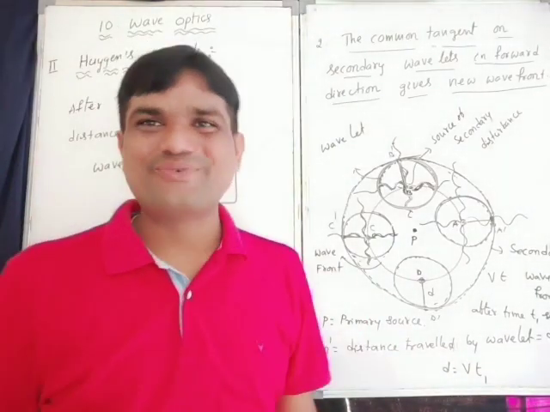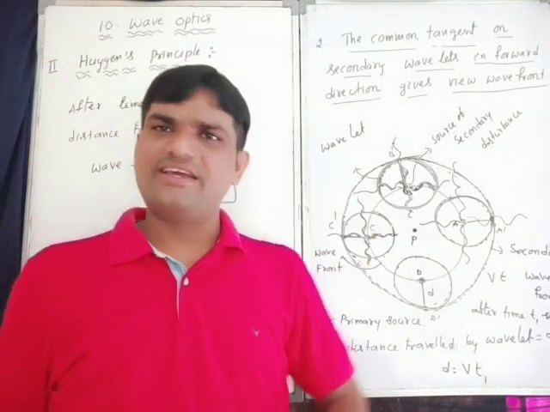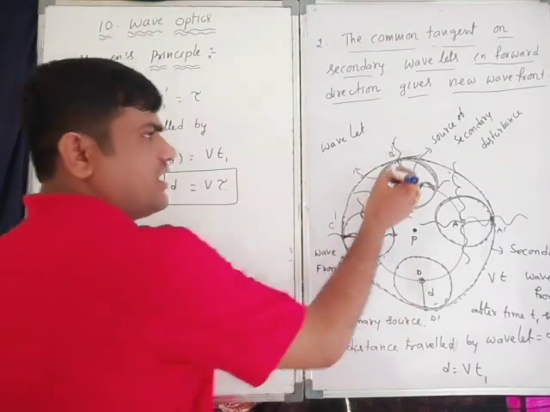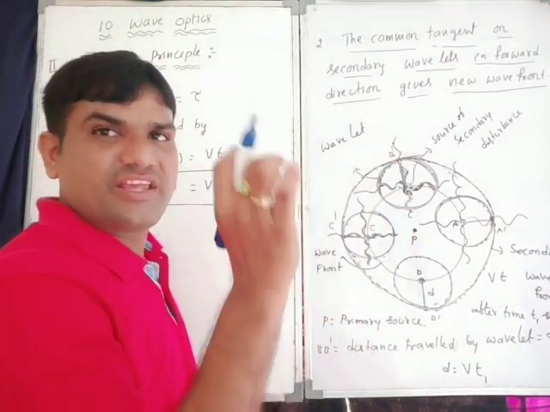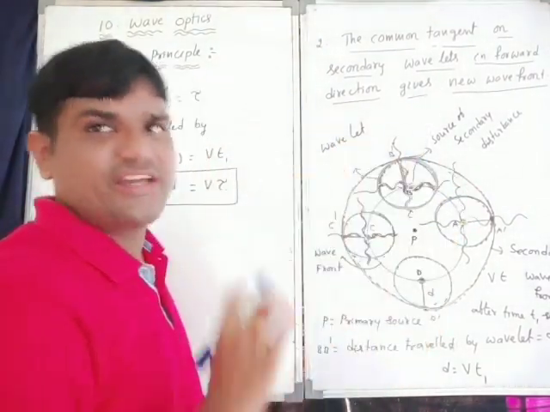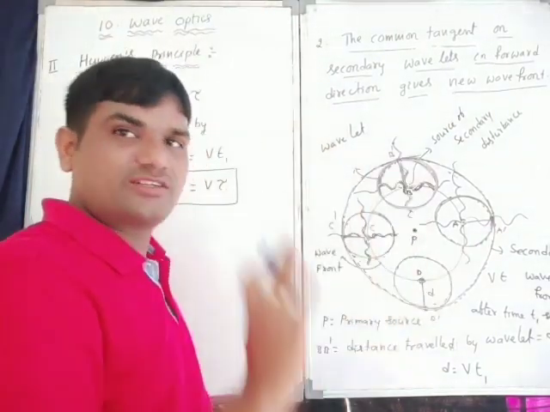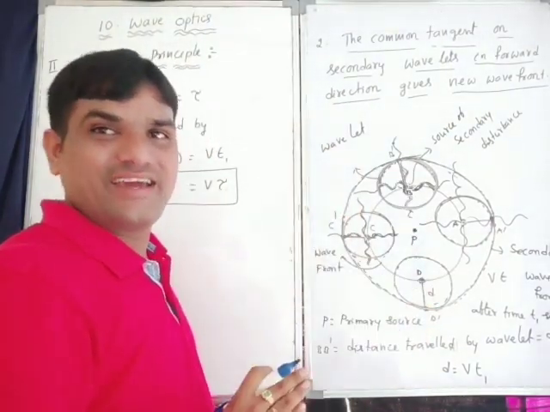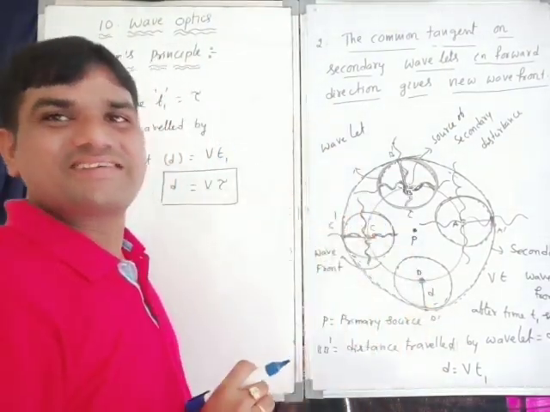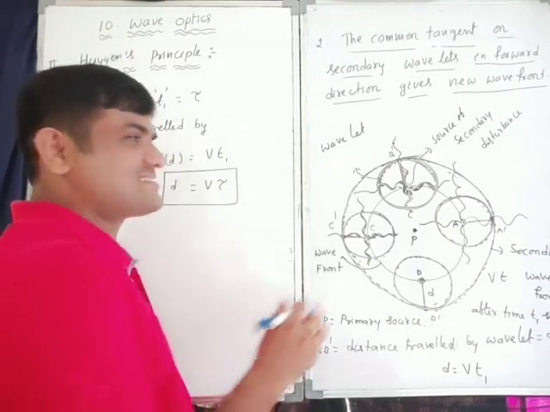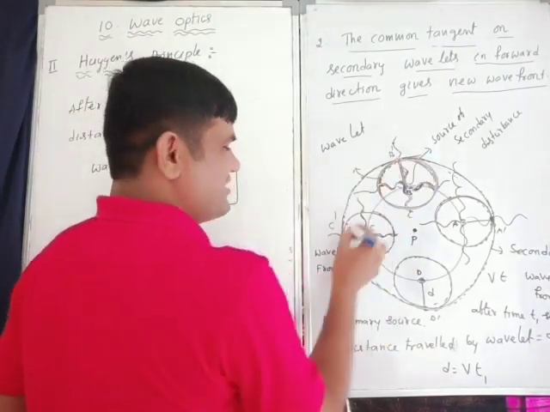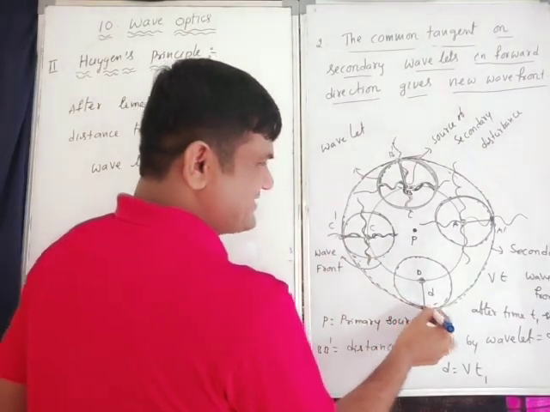Similarly, again according to the first point, each point on a wavefront acts as a source of secondary disturbance. Again here, this is a disturbance, again disturbance, again disturbance.